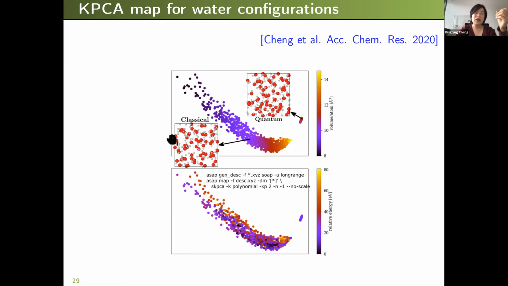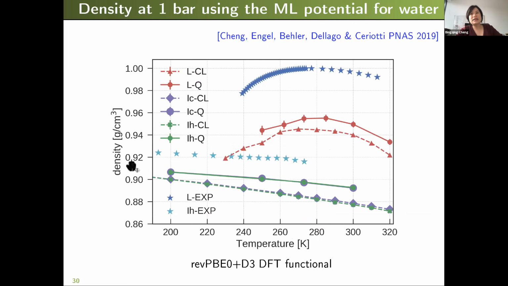And you can see, although visually you wouldn't be able to tell the difference between the classical and the quantum mechanical water, this automatic map identifies that. And so with this potential, we are actually able to predict pretty well many properties of liquid water as well as ice.